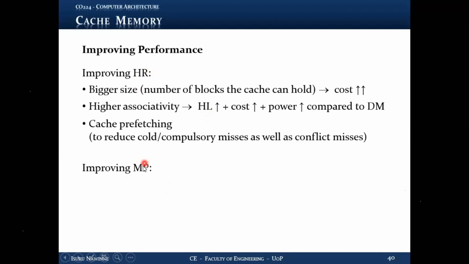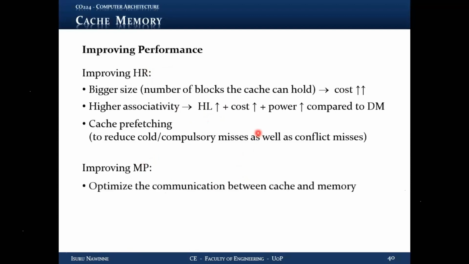So the next thing is miss penalty. Miss penalty is largely outside the cache, right? But in the case of a miss, what is the time you need to spend to get that missing block from the memory? So improving miss penalty, one thing you can of course do is optimize the communication technology between the cache and the memory.